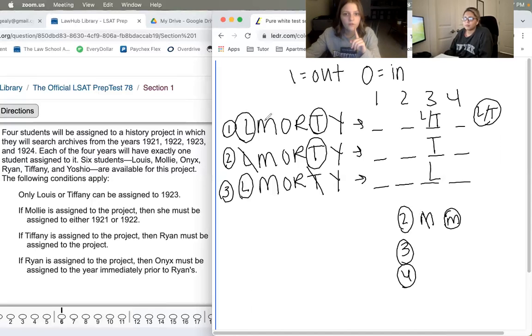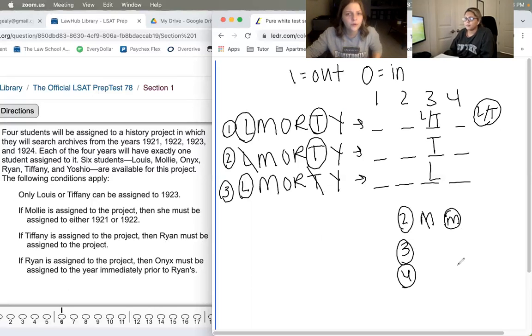And let's hold off on going through M in these worlds because we can make it a little bit easier on ourselves, because the next rule, if T is assigned to the project, we already know where T is in all of our worlds, right? Yeah. So we won't have to make duplicate worlds with T. It'll be a little bit easier, if that makes sense. Okay.